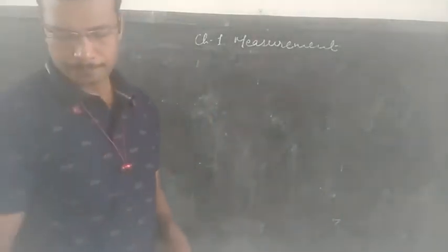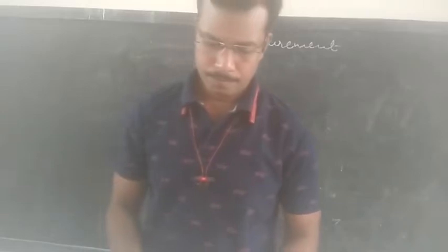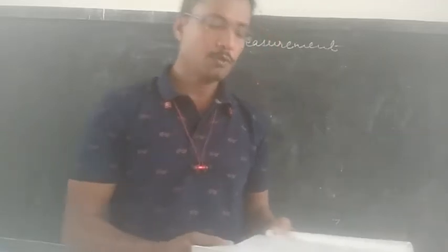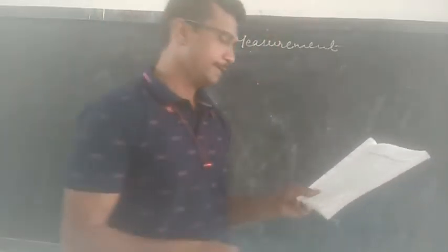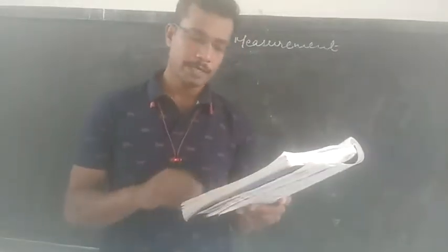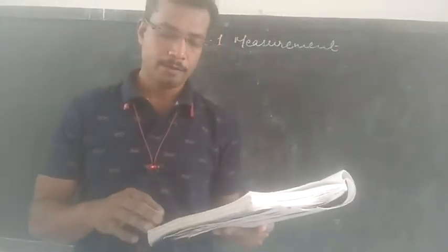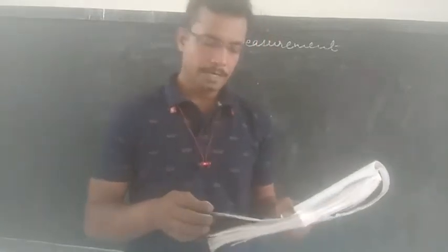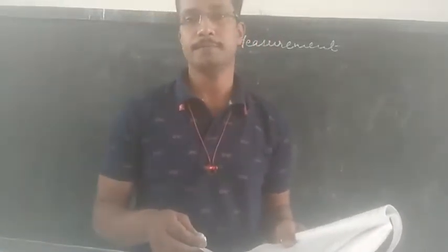See question number 3. I am explaining to you the question number 3. We see a second pendulum is taken to a place where acceleration due to gravity falls to 1/4. How is the time period of the pendulum affected?